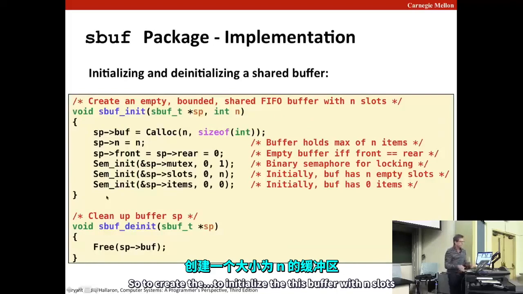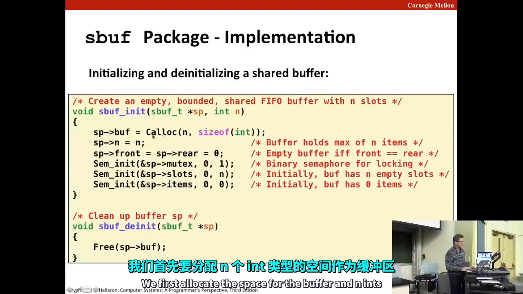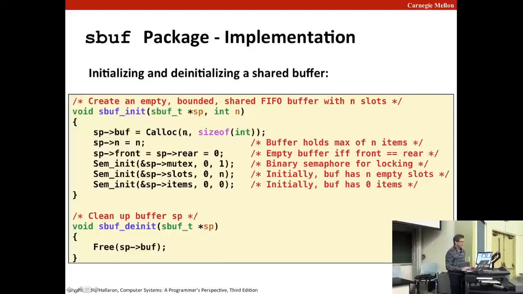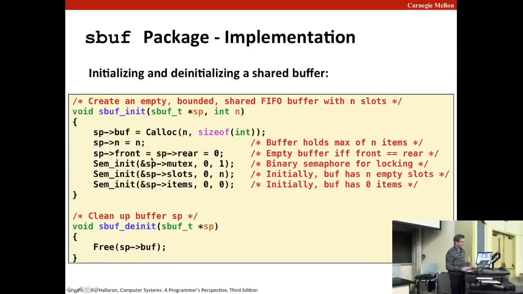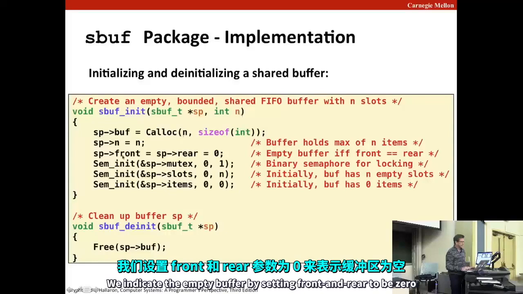So to initialize this buffer with n slots, we first allocate the space for the buffer, n ints. We set the size to be the value n that was passed in. We indicate the empty buffer by setting front and rear to be 0.